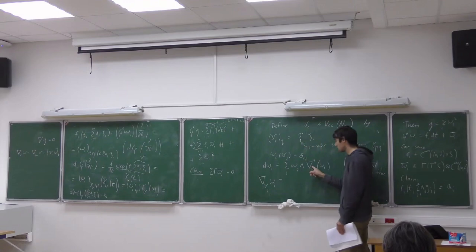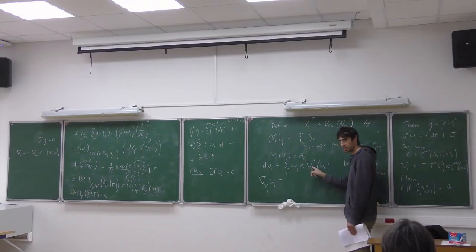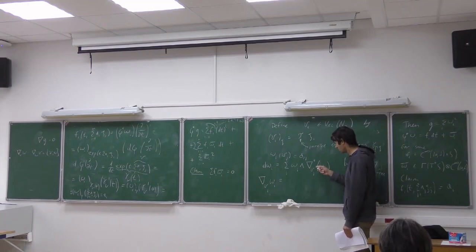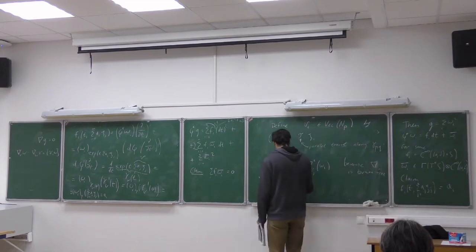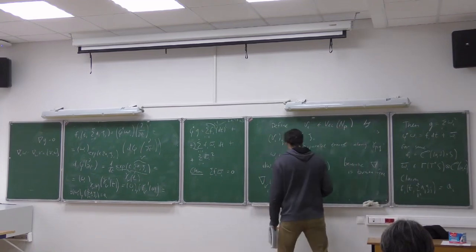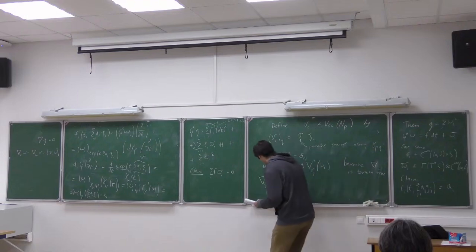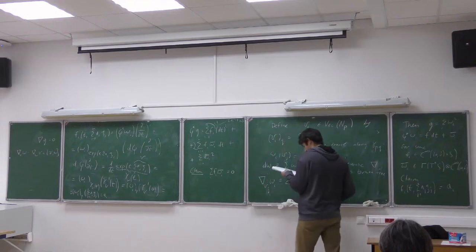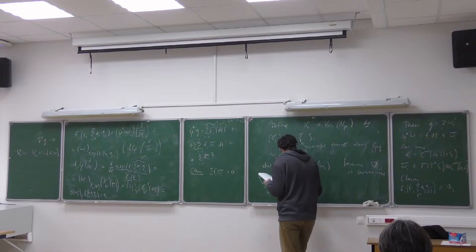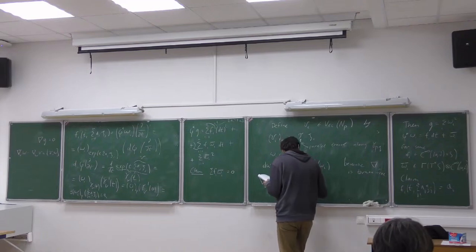Because nabla is actually defined on TX, but this is now our nabla star, which is defined on T star X, right? Well, so this is going to be then, so here I have j, gamma star of ik omega_k j.